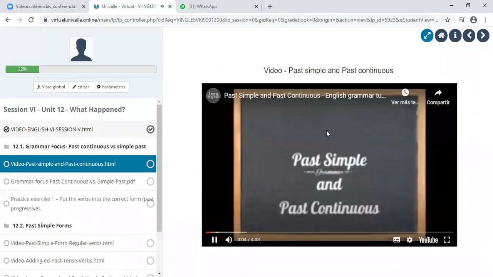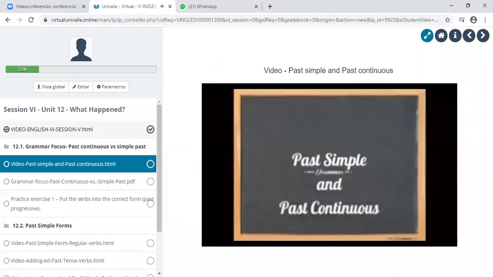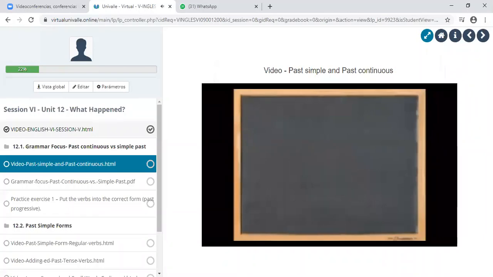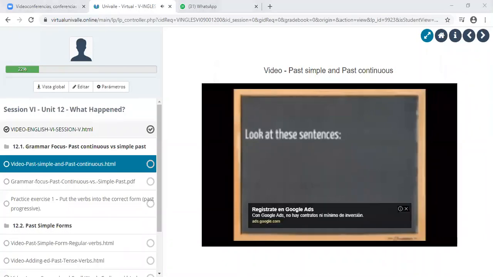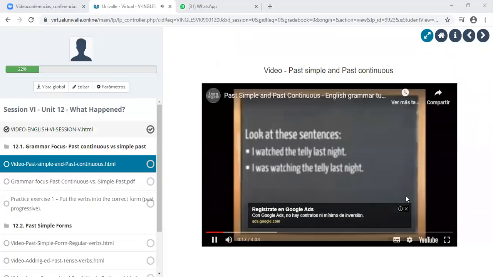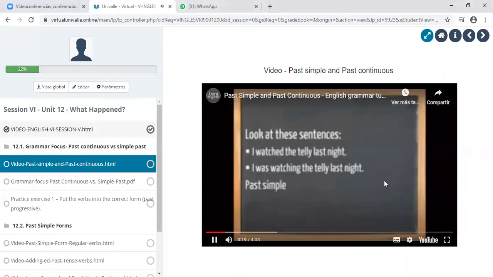Okay, so in here, we have a video that explains how we work using the past simple or simple past and the past continuous. Okay, this video is for you to take a look at.